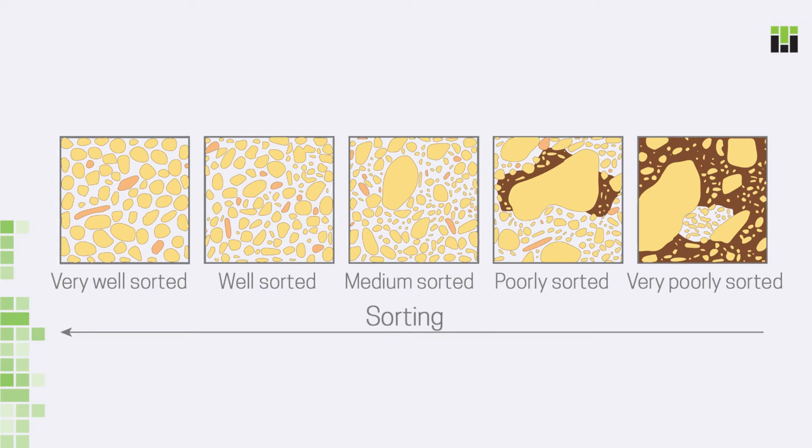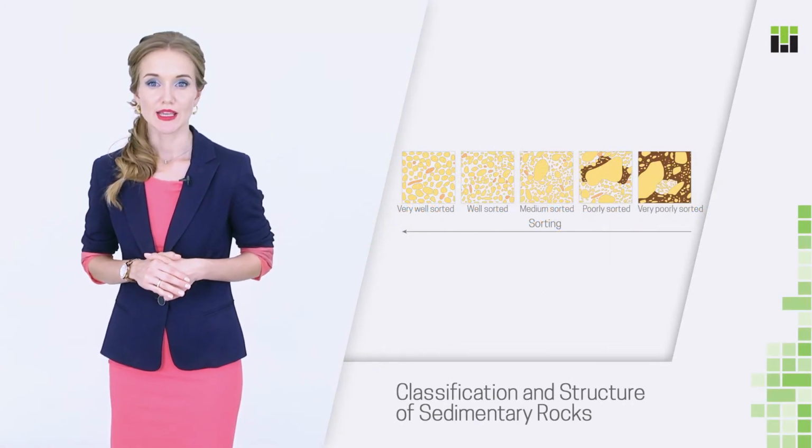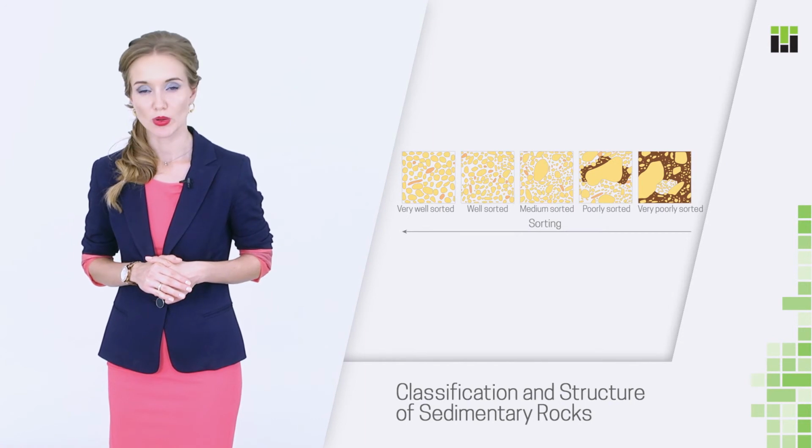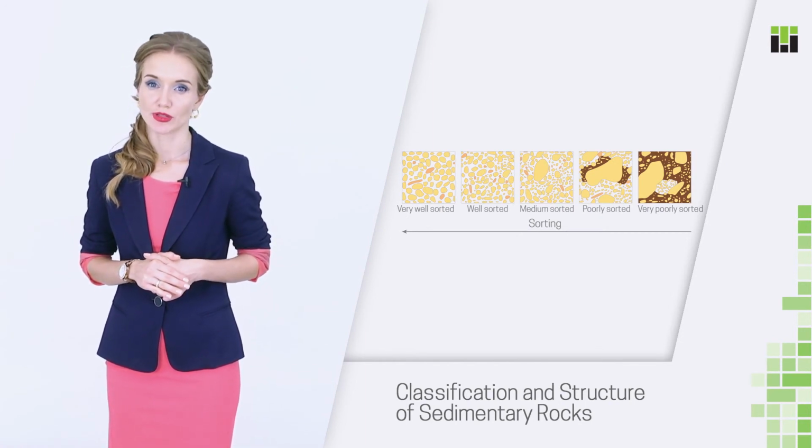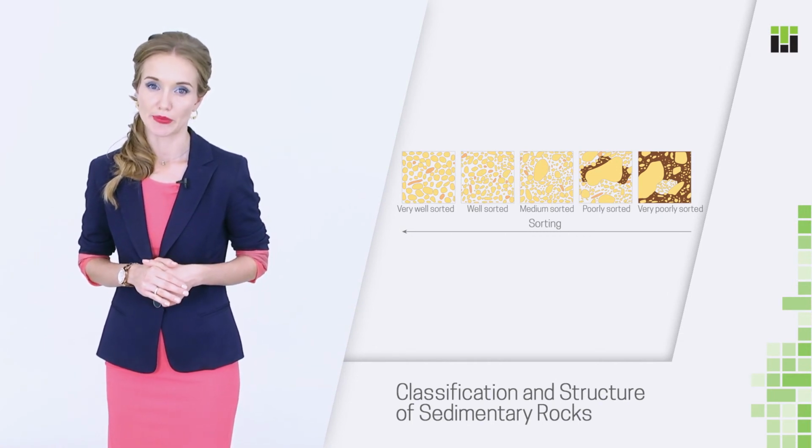Most clastic rocks are built of grains that vary in size, so depending on size variance, they are regarded as poorly sorted or very poorly sorted. Geologists can tell if the rock is well or poorly sorted by looking at it. We also need to mention that reservoir properties of rock depend on sorting.